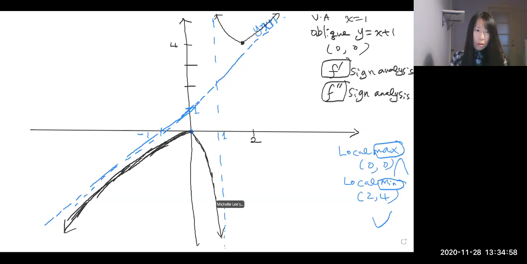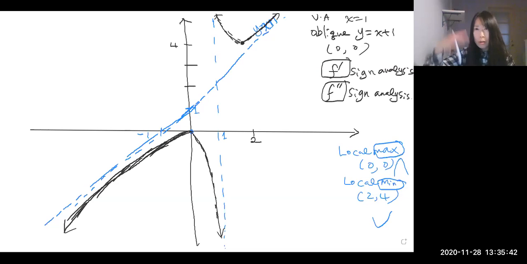And let's say when x equal to 3 it is positive. So this is positive. Then after 1, at 1.5, it is negative. The slope is negative.